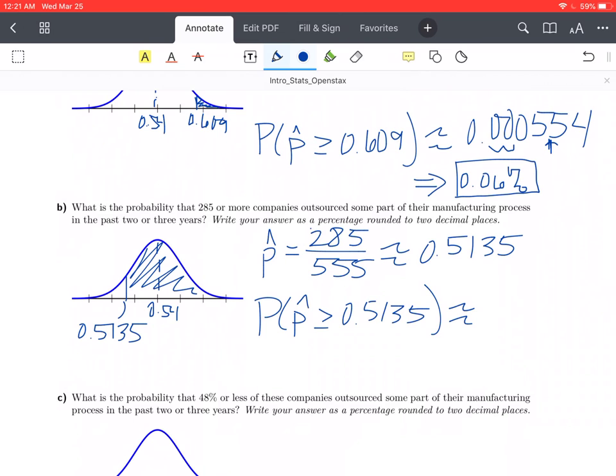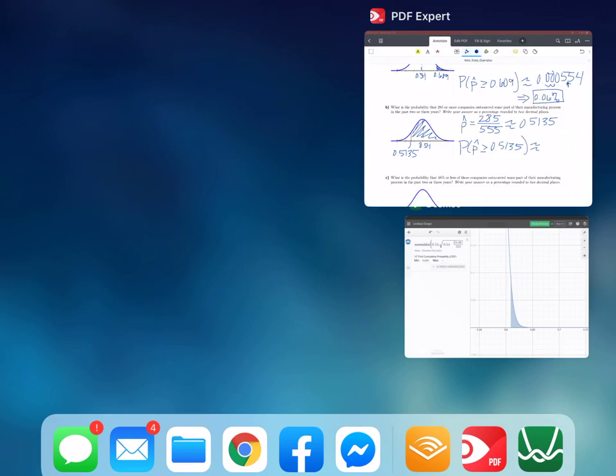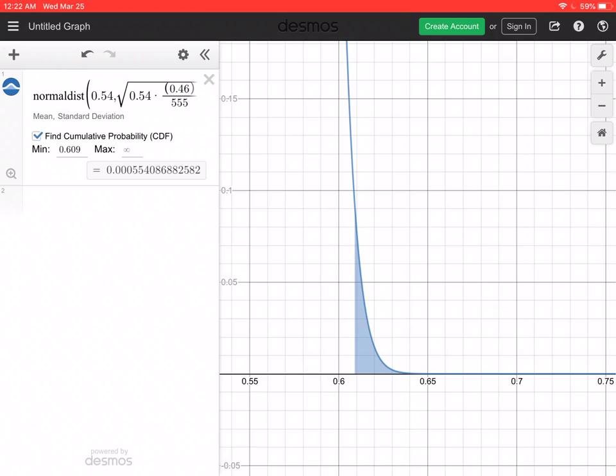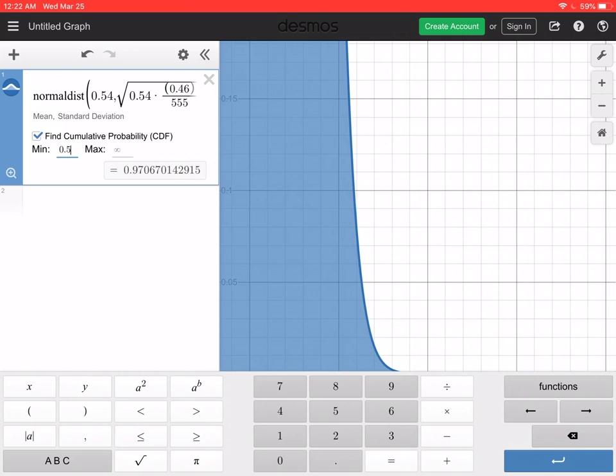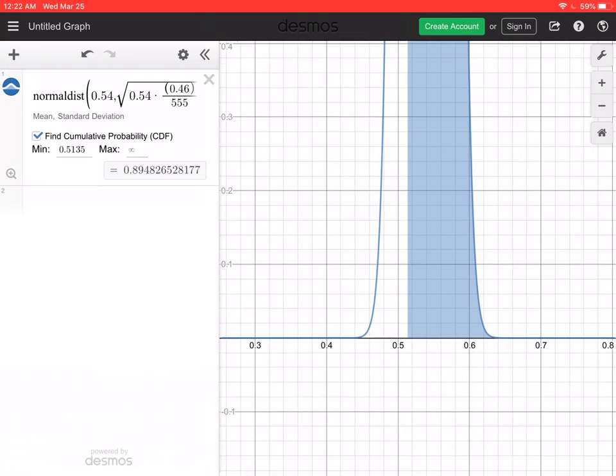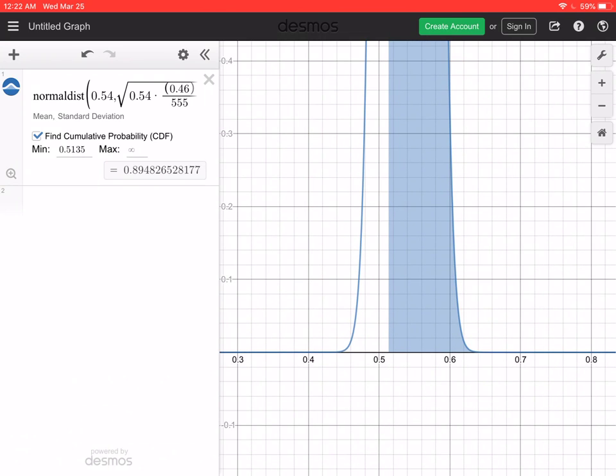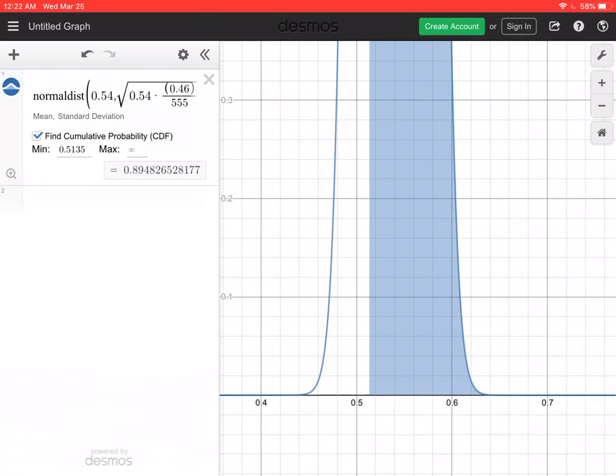Luckily, our setup is the same here. So all we need to do is change that lower bound. So 0.5135. You can see on the curve where this happens. Okay, so a little bit below the mean value there. And if you look at the numbers, we see we get about 0.8948.